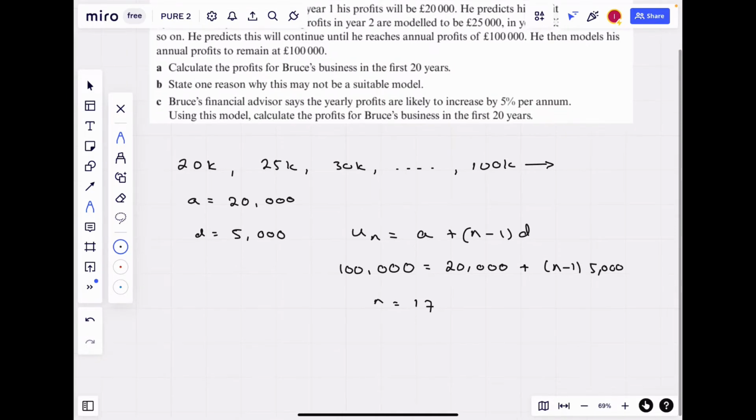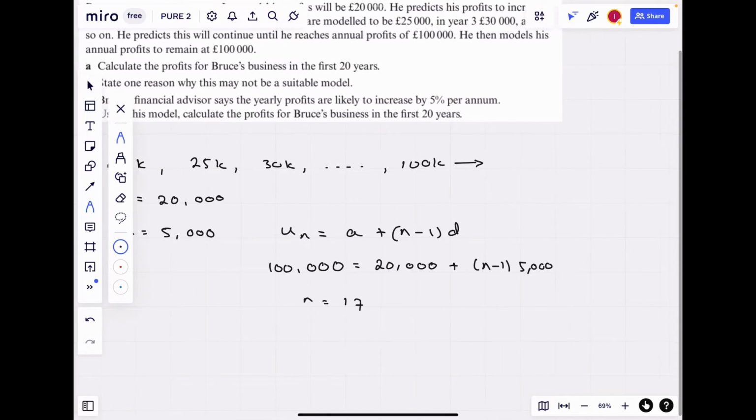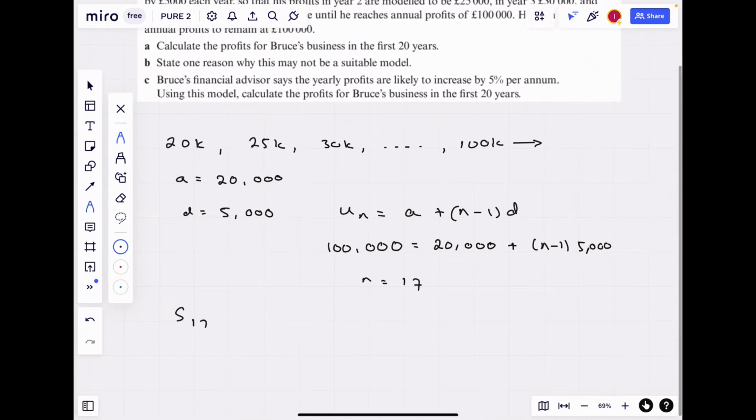So if we're trying to work out the total sum in 20 years, we need to break it down. We need to work out the sum in 17 years and then add the sum for the following 3 years.